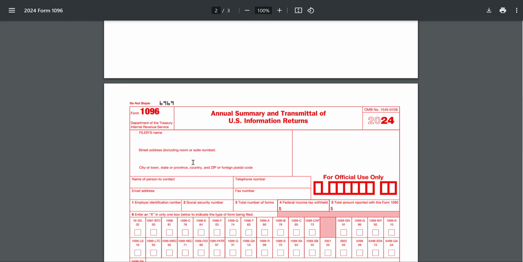So if you have 15 1099s, you would end up with one Form 1096 and 15 1099s, okay? So Form 1096 accompanies all your Form 1099s. Now, you might be thinking, well, what if I have to send in corrected forms at that point in time? Do I send in another 1096? Yes. And you only total the amount that you're sending in with that particular 1099 or 1096, okay?